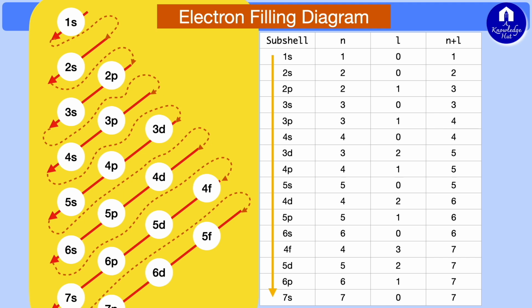As per this diagram, the correct electron filling order in subshells would be 1s, 2s, 2p, 3s, 3p, 4s, 3d, 4p, 5s, 4d, 5p, 6s, 4f, 5d, 6p, 7s, etc. Henceforth, we'll be using this electron filling diagram in writing the electronic configuration for the rest of the elements.